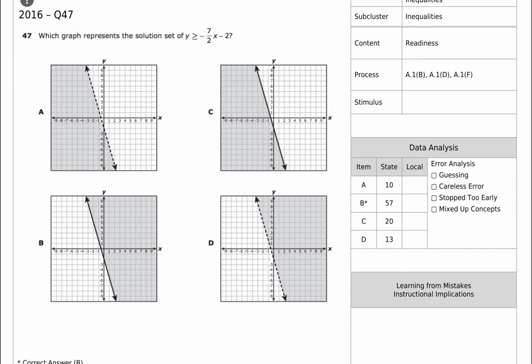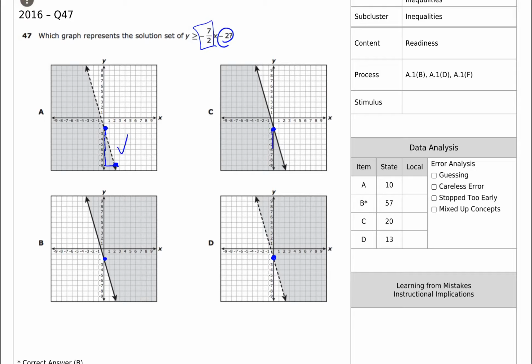All right, this one will be easy because it's in y equals mx plus b slope-intercept form. We look at the y-intercept, negative 2. Those all check out. Now we do the slope, down 7 over 2. Down 7, 1, 2, 3, 4, 5, 6, 7, over 2. That one's fine.